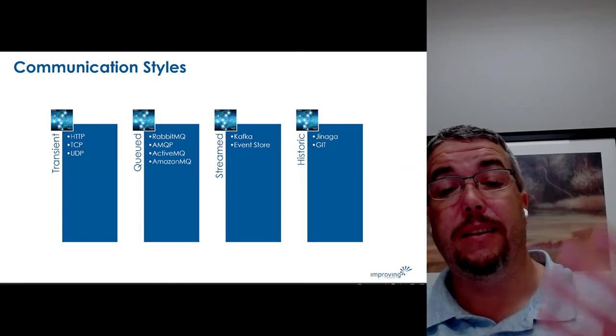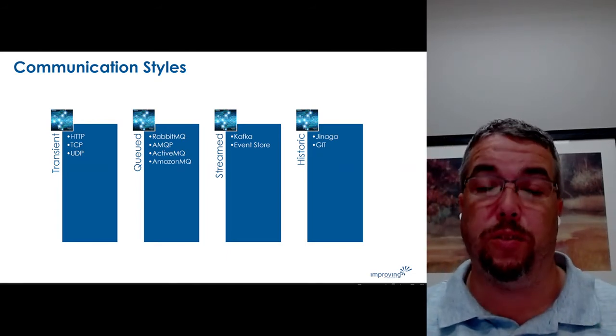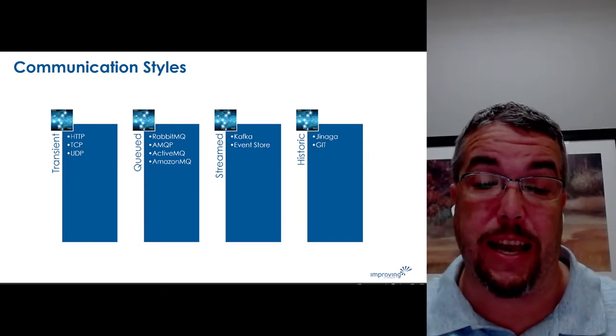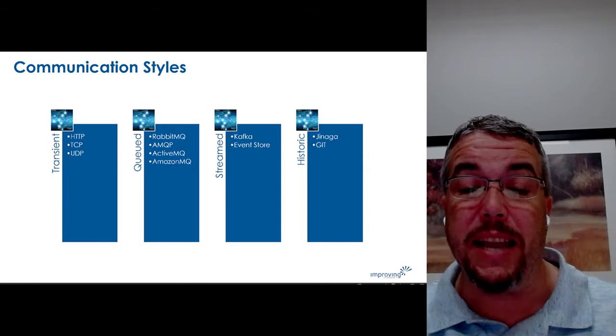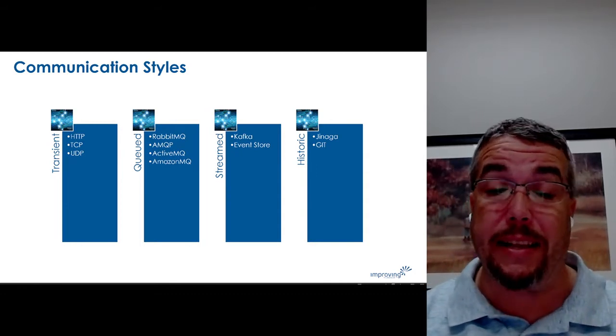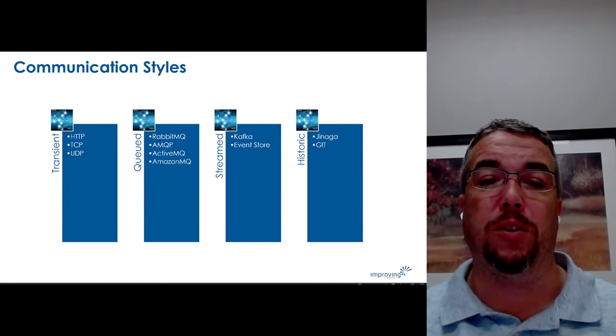Now, with that, let's talk about the first one, queued solutions. Queues have been with us for years and years and years now. They are the granddaddy of options in this space. And they're still an excellent option today if they meet your needs.